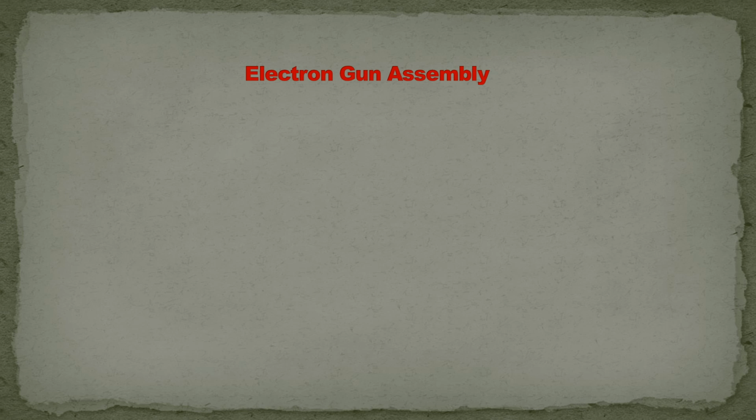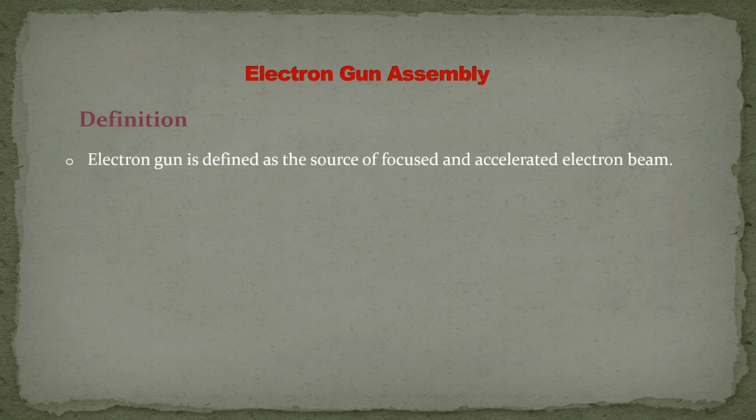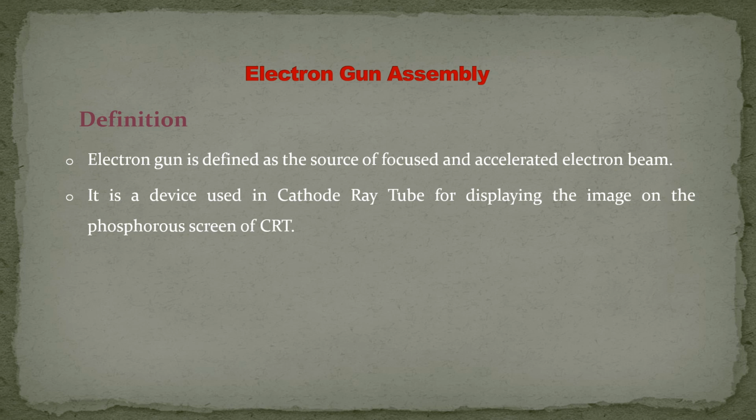Electron gun assembly. Definition of electron gun assembly. The electron gun is defined as the source of focused and accelerated electron beam. It is a device used in a cathode ray tube for displaying images on the phosphor screen of the cathode ray tube.